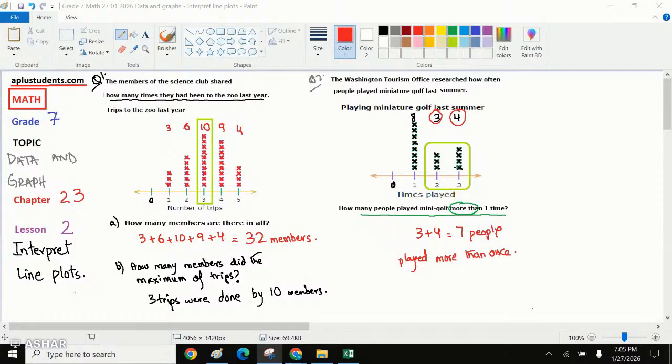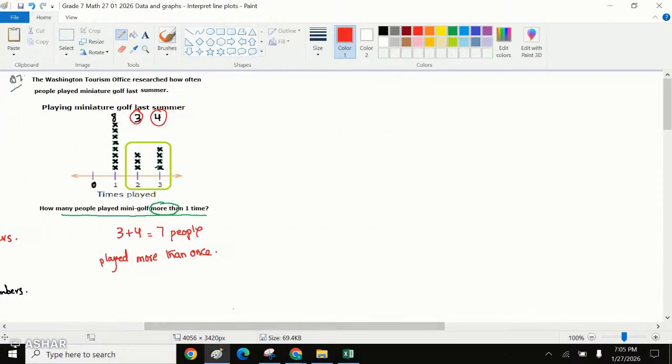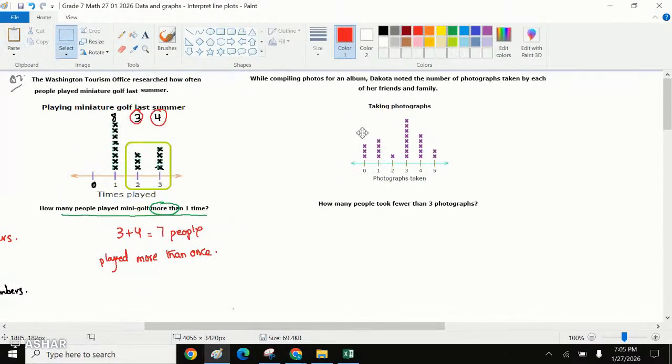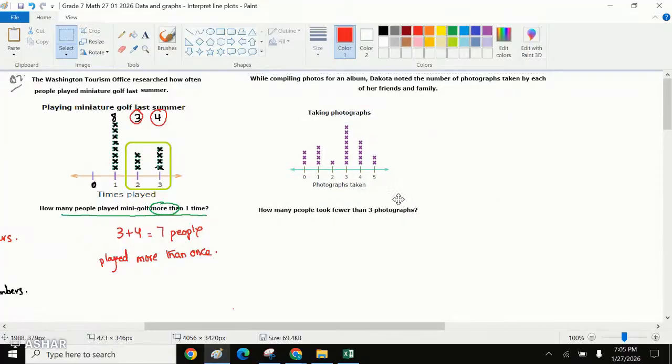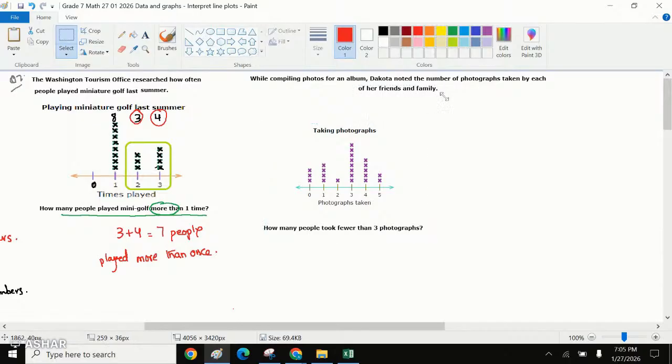See, there are many types of graphs. Okay, this is the first type of graph that we are considering to find the information. Okay, later on we'll do different types as well. Okay, just a moment please.